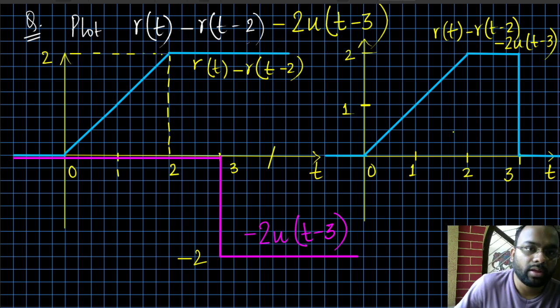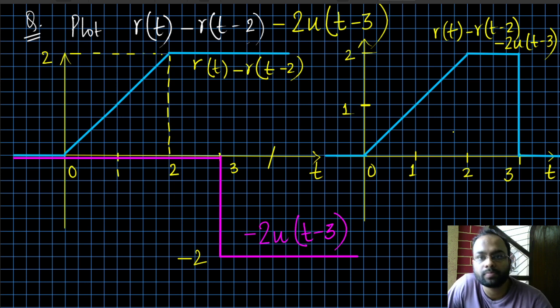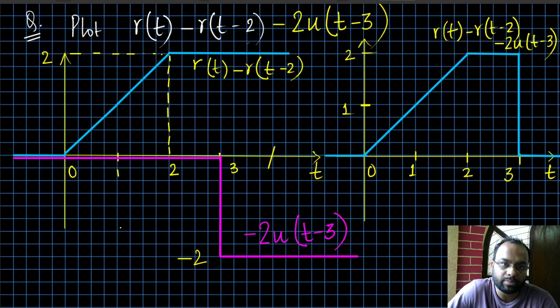Let me know if this is something you can understand properly, right? If you have any confusion, please let me know.